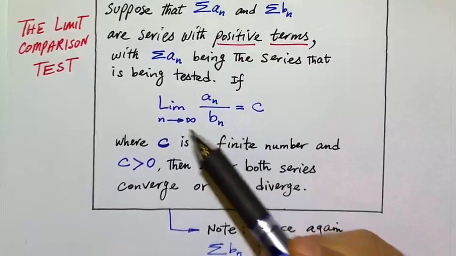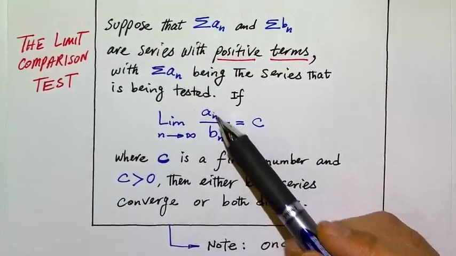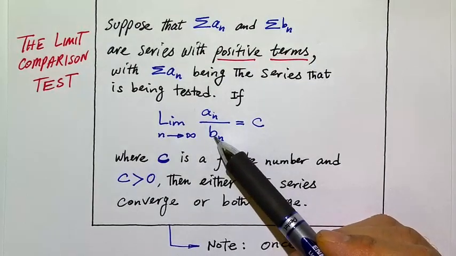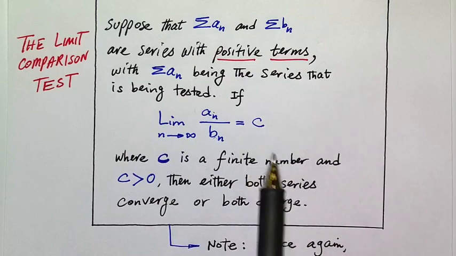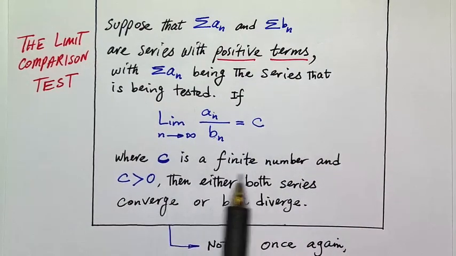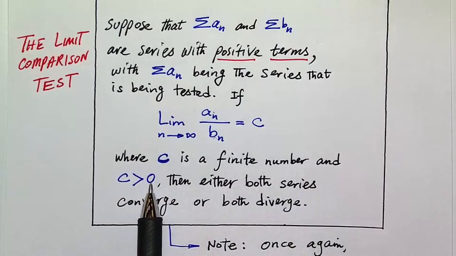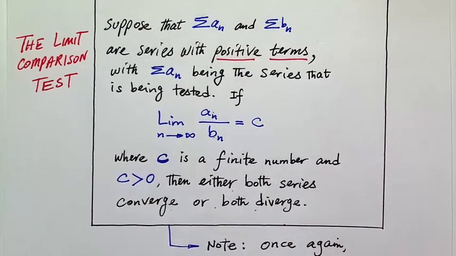So if we take the limit of the ratio of those two series, the series that we're testing divided by the series we picked, as n goes to infinity, if we end up with a constant c, where c is a finite number and c is greater than 0, then either both series converge or both diverge.